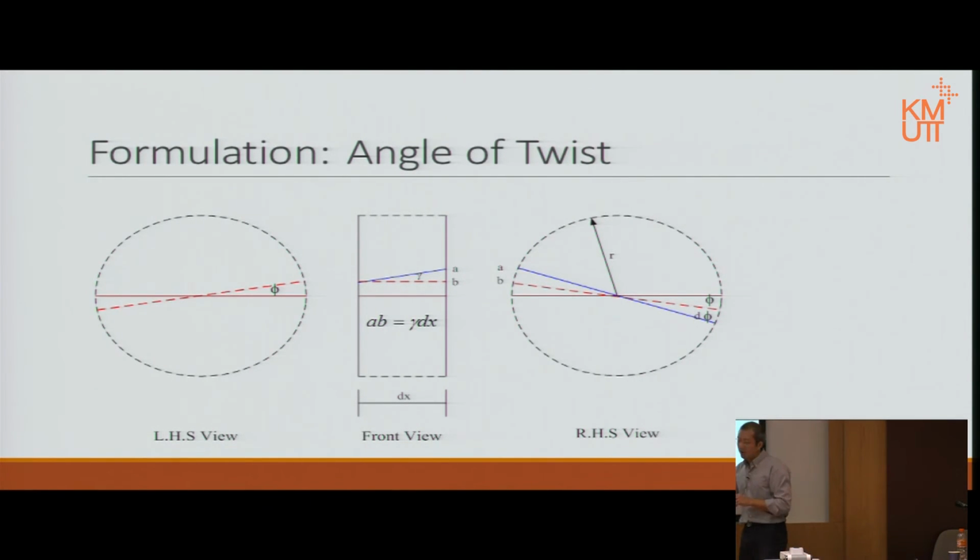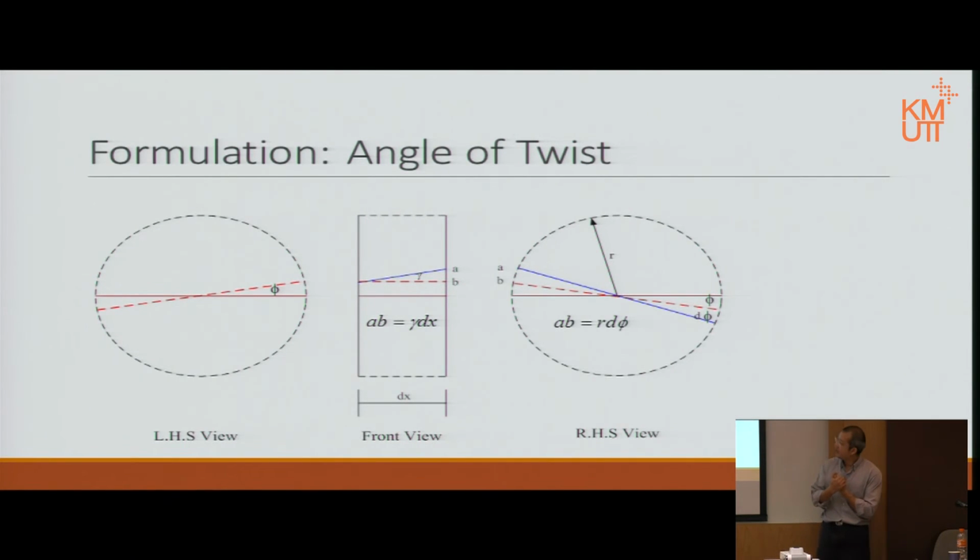On this right-hand side, the view is a circle. Then the arc length of the circle is equal to the internal angle times the radius. Again, gamma we already discussed is radian. d phi, or phi in the end, is also radian because it's equal to the arc length divided by the radius.